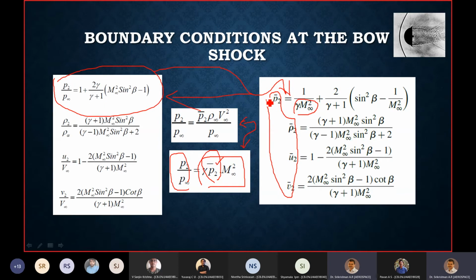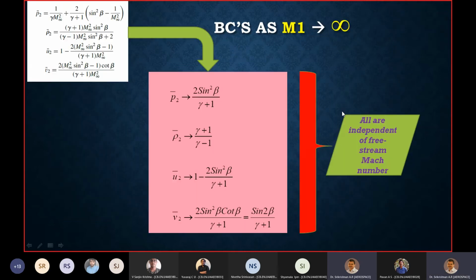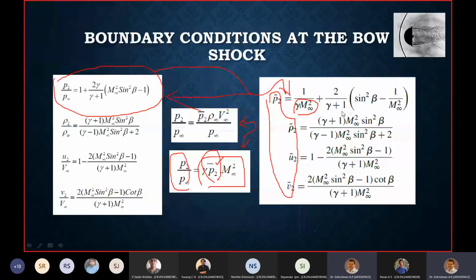and they are expressed in terms of non-dimensional parameters. Okay, so once we have that, we have now a situation where we have the upstream conditions, which are these. We have the downstream conditions, which is the condition on the wall of the body or the surface actually.